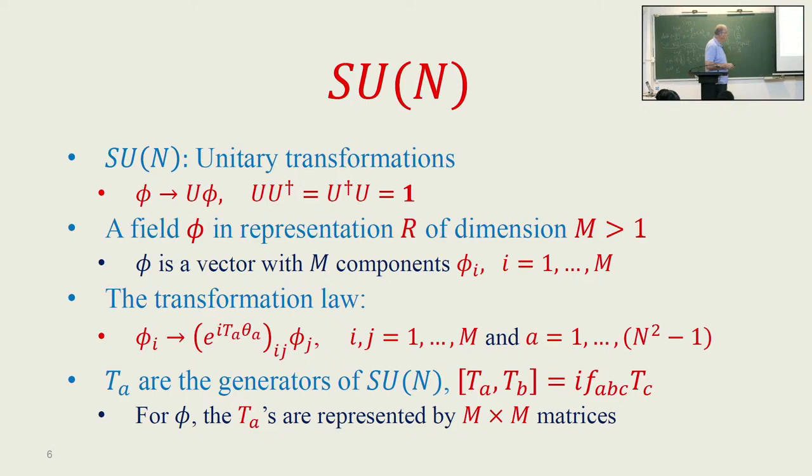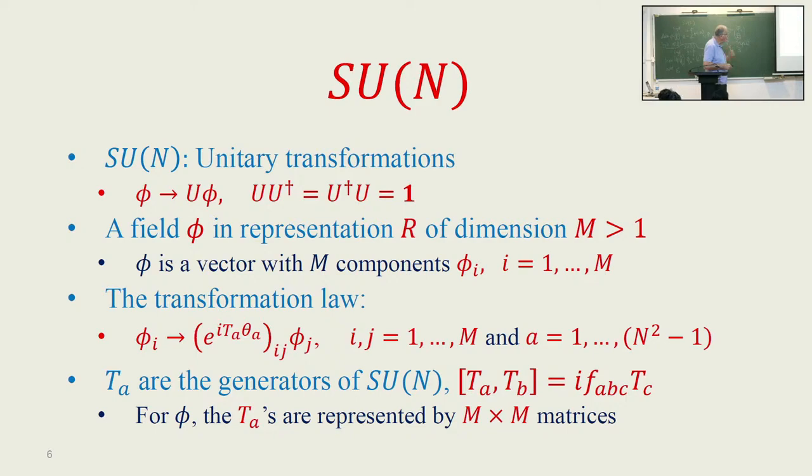So if these Ta are m by m matrices, then so is e to the i T a theta a. So this U can always be written in this form. The most general U, unitary matrix under SUN, can always be written like this. So the indices i and j, this is an m by m matrix. It depends on the size of the vector phi, on the representation, so they go from 1 to m.